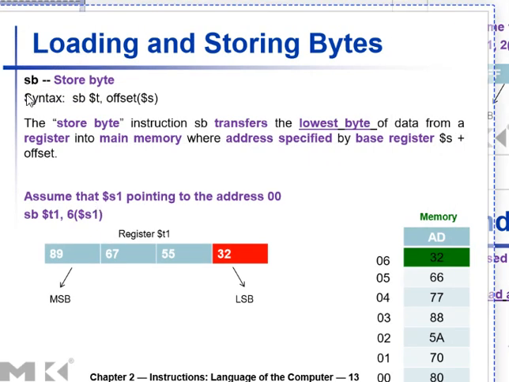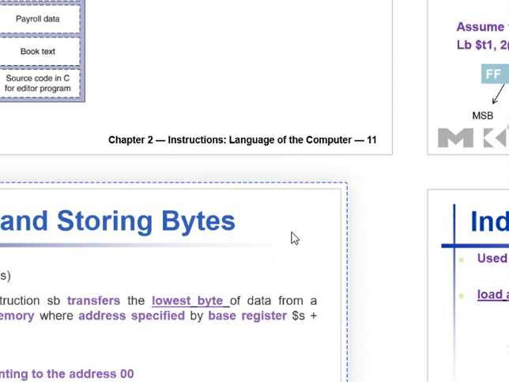The same idea, load byte and store byte. Load byte and store byte are very similar to the load word and store word, but load word and store word deal with 32-bit data. Here load byte and store byte deal with only 8-bit data. Okay, so that's the point we have to remember.